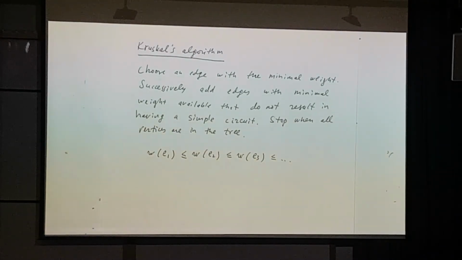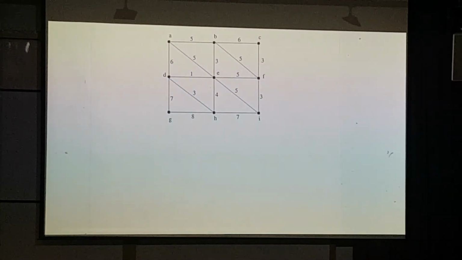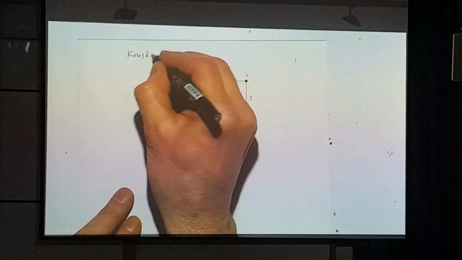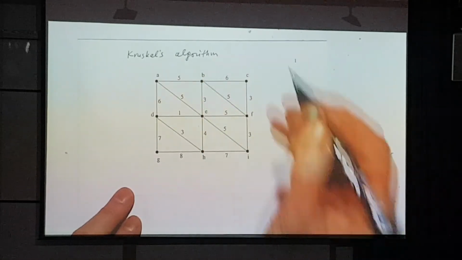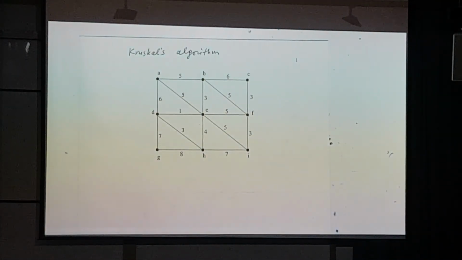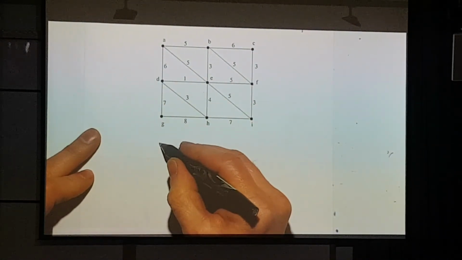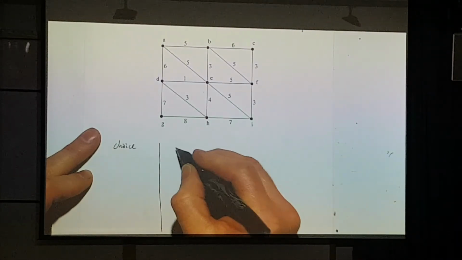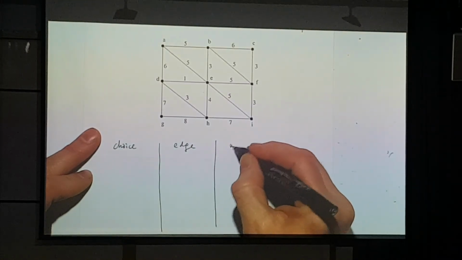So let me take the same graph and illustrate how Kruskal's algorithm works. I will arrange it in the same way as a table: choice, edge, and weight.